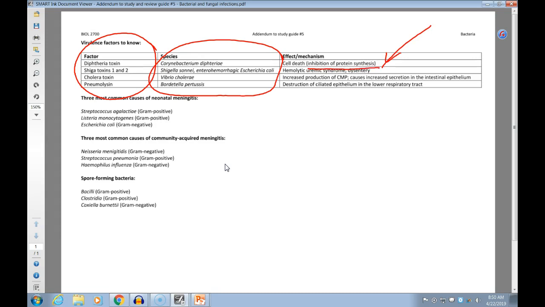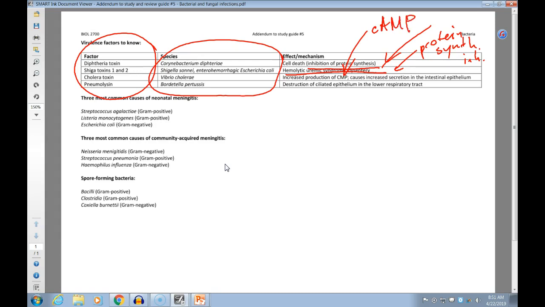So, inhibition of protein synthesis for diphtheria toxin. Inhibition of protein synthesis, also protein synthesis inhibition, and leading to hemolytic uremic syndrome and dysentery: Shiga toxin. Cholera: that's a typo, cyclic AMP. I'm sorry, I didn't notice it.